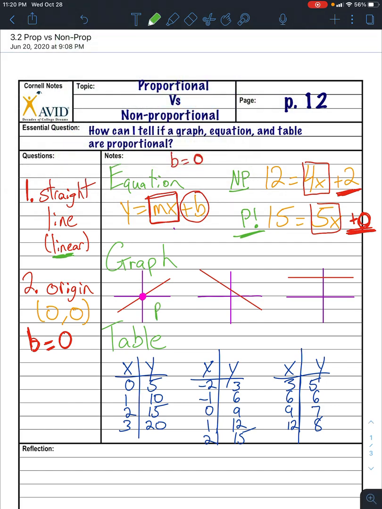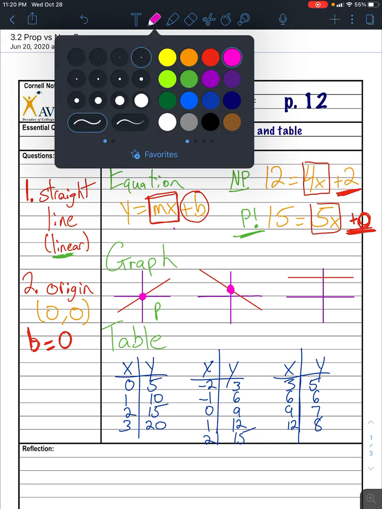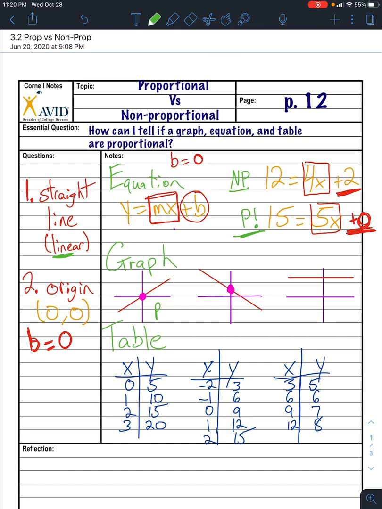So I'm going to write a P right next to it. The second one, it is linear, right? It's that straight line, but it does not pass through the origin. We need it going exactly through the middle, and it does not. So this one right here would be a non-proportional linear equation.